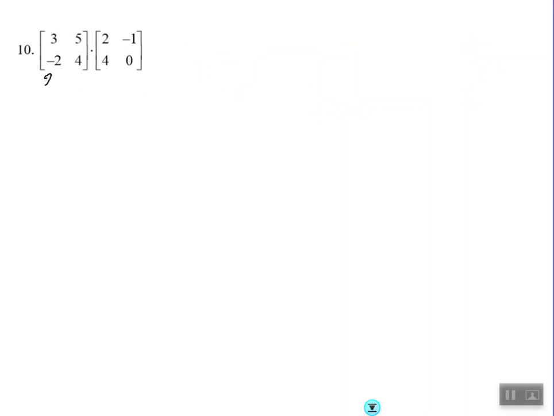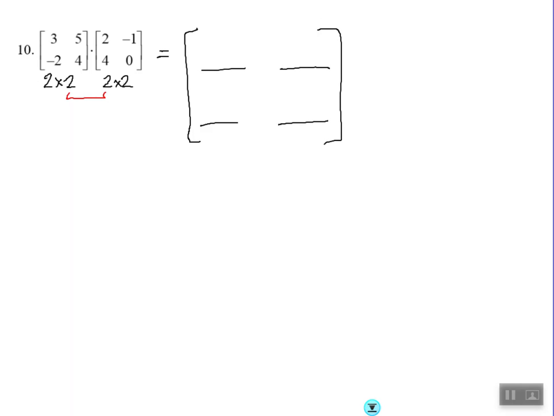Here I have a 2 by 2 matrix being multiplied by another 2 by 2 matrix. These dimensions match, so I can multiply it, and I'm going to end up with a 2 by 2 matrix as my product. So I'm going to give myself some extra room here. To find the element in the top left of this matrix, so that is the element in the first row and first column, I am going to multiply first row times first column.